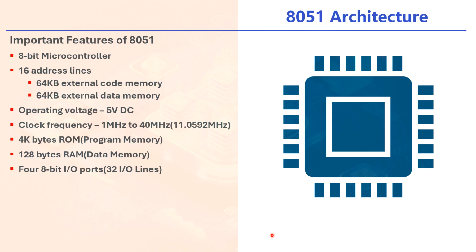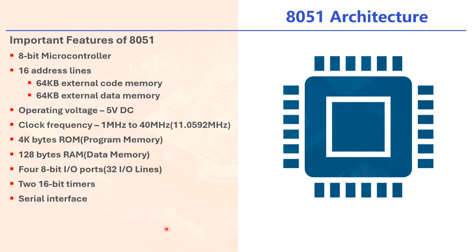Next thing, this is also an important part of this microcontroller. 4 8-bit input output ports, that is, 32 input output lines are available in the 8051 microcontroller. Two 16-bit timers are also available in the 8051 microcontroller.